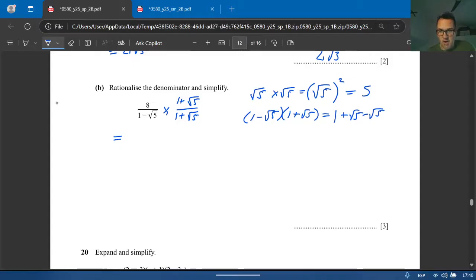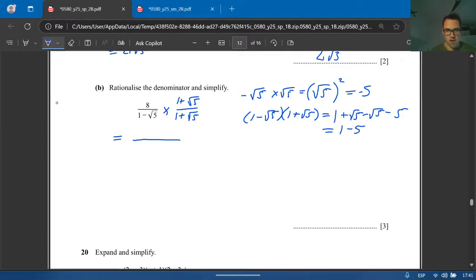And then root 5 times root 5, which we determined above, will be 5. Those two middle terms will cancel. We'll be left with 1 plus. No, that's wrong. Because a plus and a minus, of course, is a minus. There will be a minus 5. Yeah, because minus root 5 times root 5 will be minus 5. Be careful there. That's a very common mistake.